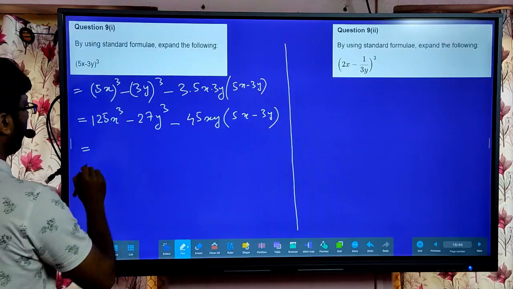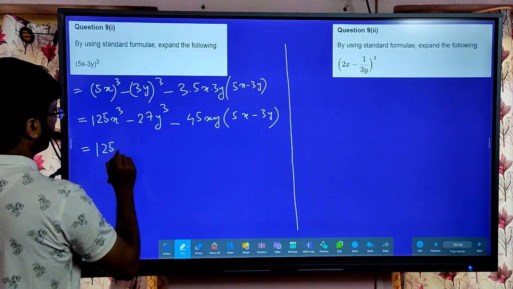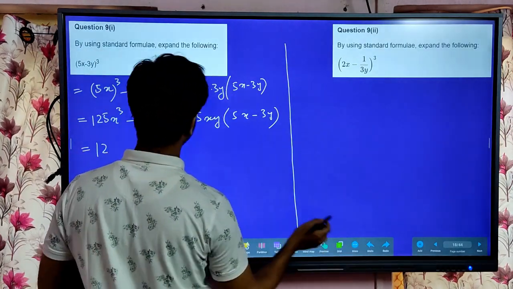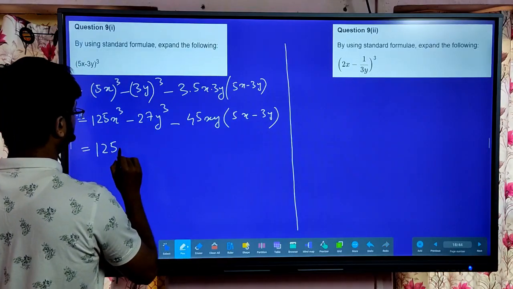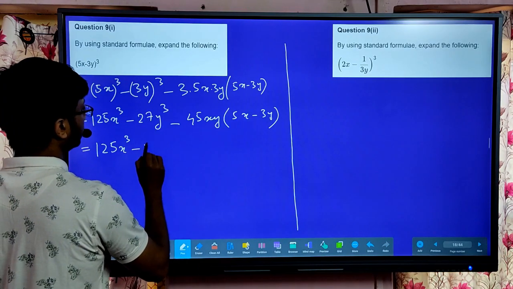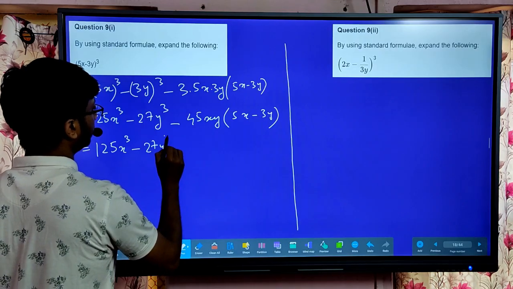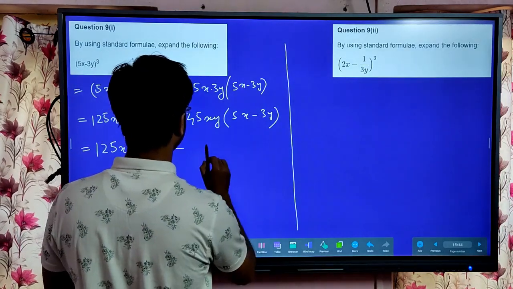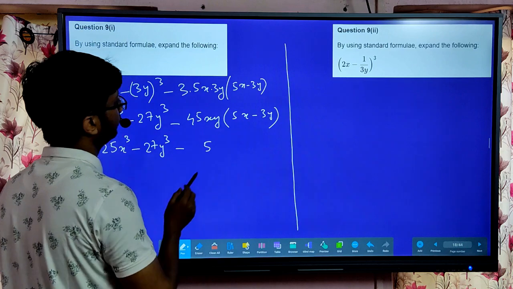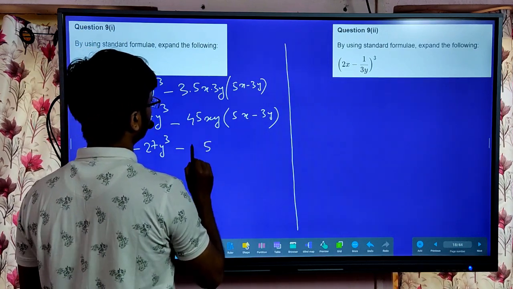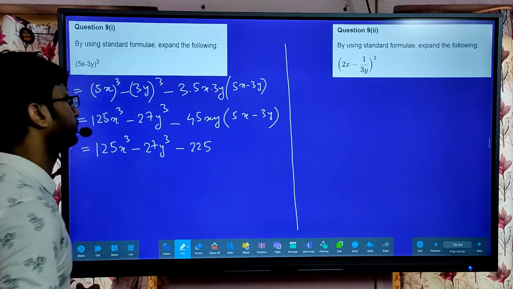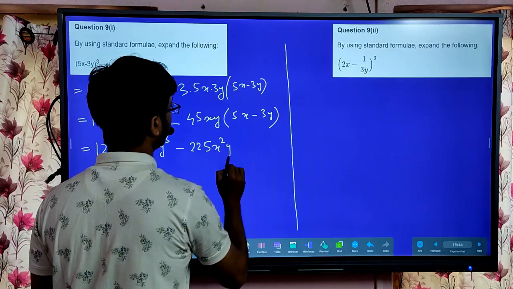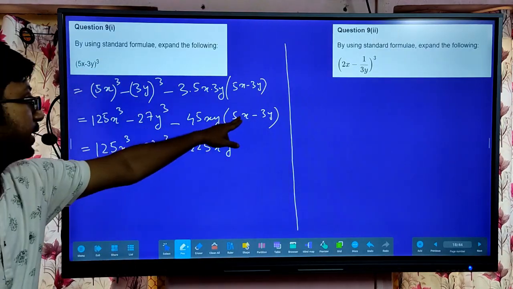So it will be 125x cube minus 27y cube minus 45 into 5 is 225x square y. x into x is x square, another y is there.